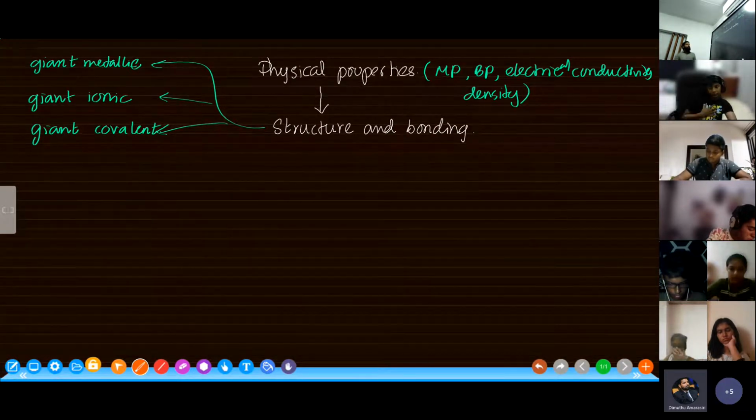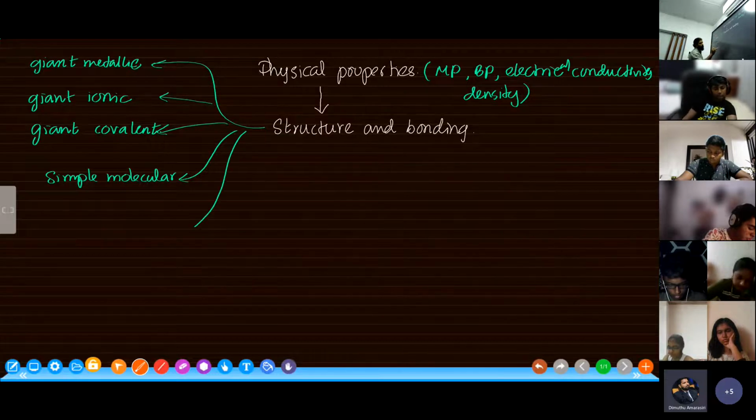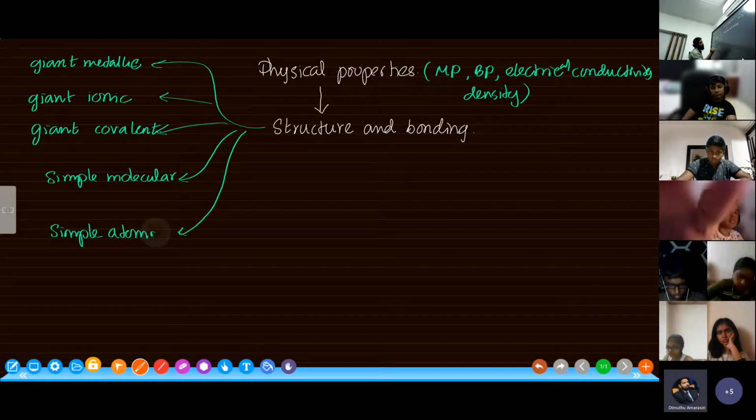All right. So then giant covalent, and then we have simple molecular. Simple molecular. Don't worry, I'll give you examples. Simple molecular, and then we have simple atomic. Examples. It's like this.